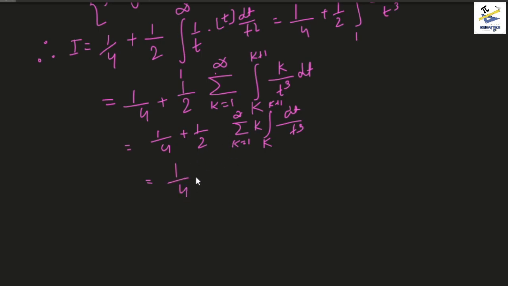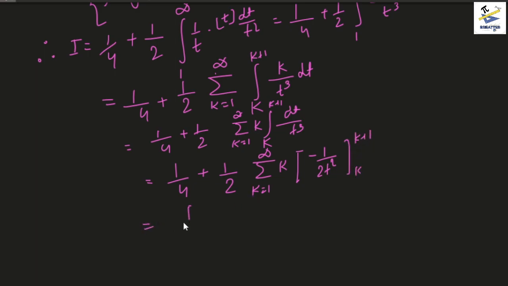That will give you 1 by 4 plus 1 by 2 summation k equals 1 to infinity of k into, now t to the power minus 3 becomes t to the power minus 3 plus 1 by minus 3 plus 1, it's minus 2 there and minus 2 there, so minus 1 by 2t square from k to k plus 1.